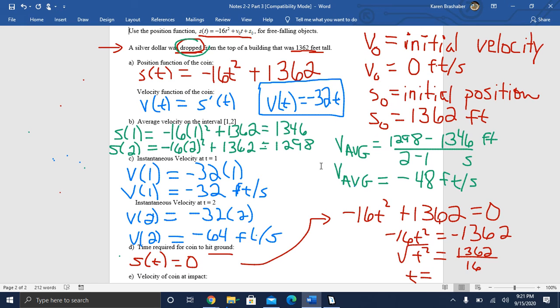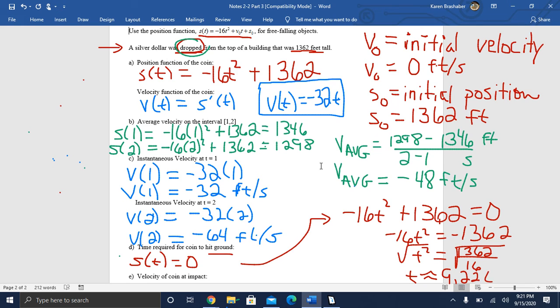And then to get t, you could do the square root of that. So square root both sides. We only need the positive root, and we'll approximate that. I'm going to have you go to 3 decimal places. And so t is 9.226 seconds.